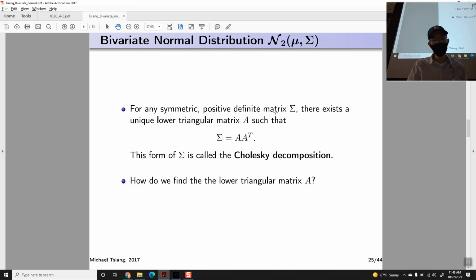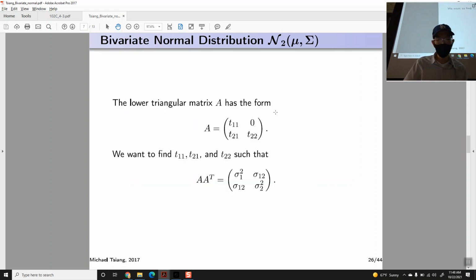How do we find this lower triangular matrix A? We could just type Cholesky of the matrix into R, and it gives us the decomposition, which makes our life easy. But we can also figure this out ourselves.